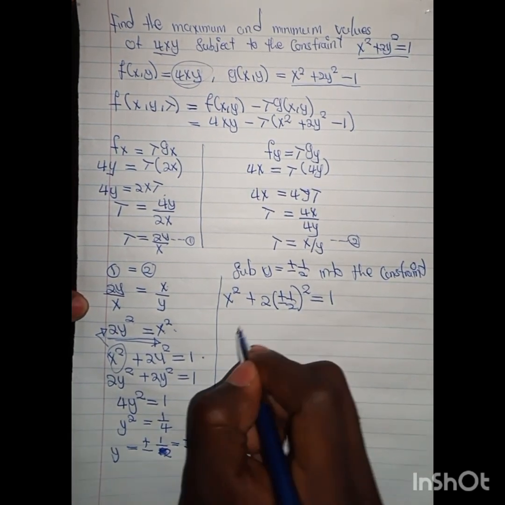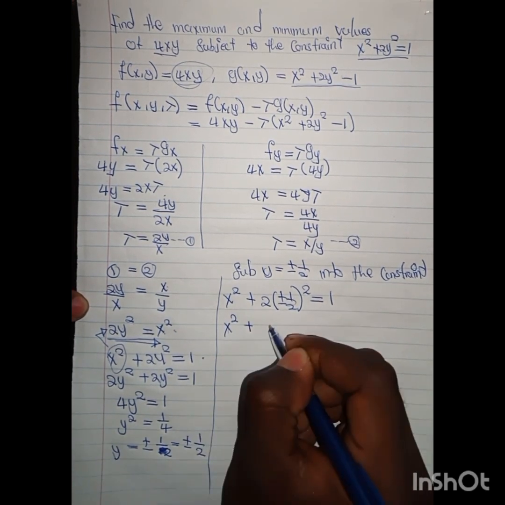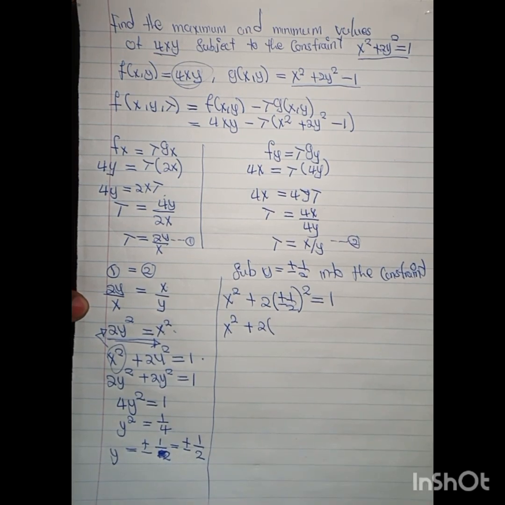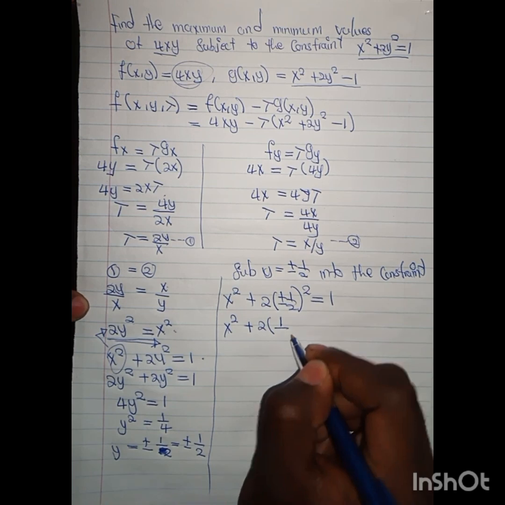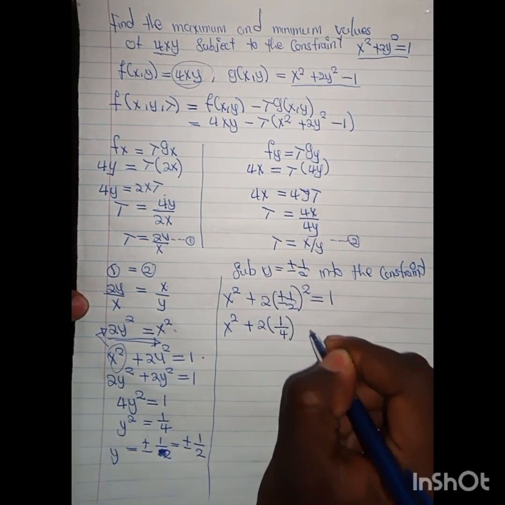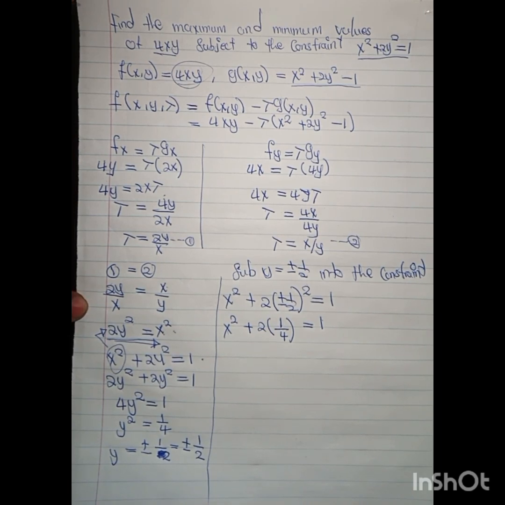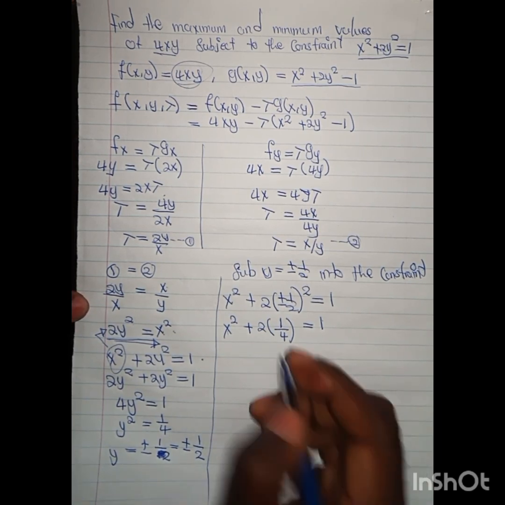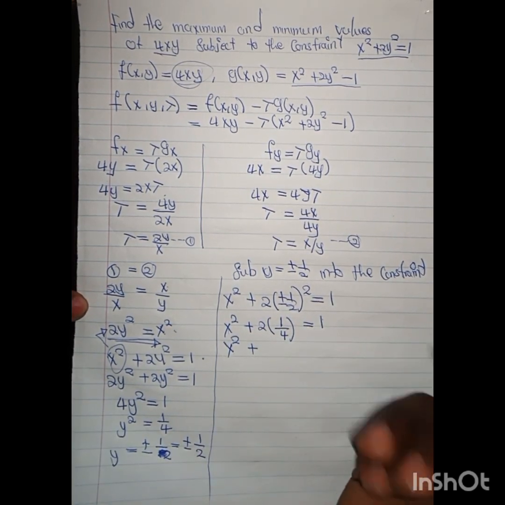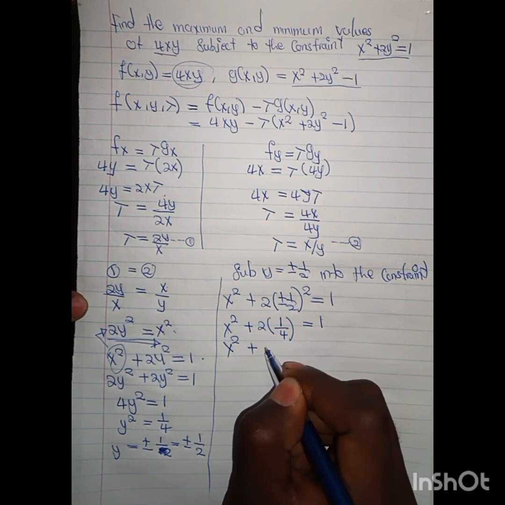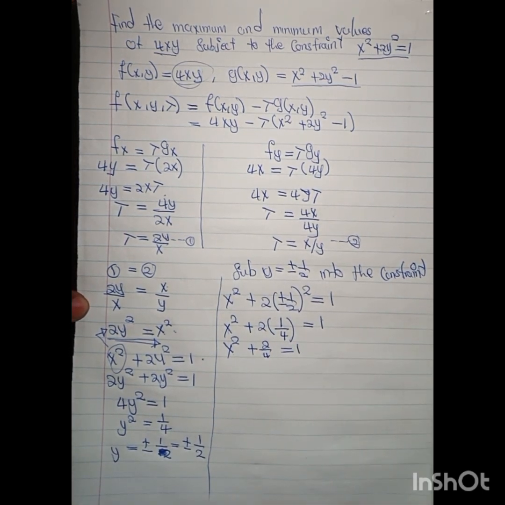And then we want to find the value of x squared. 1 squared is nothing but a 1. Then 2 to the power 2 is a 4. It's equal to 1 like that. Then we have x squared plus 2 multiplied by 1 over 4 is nothing but 2 over 4 equal to 1.